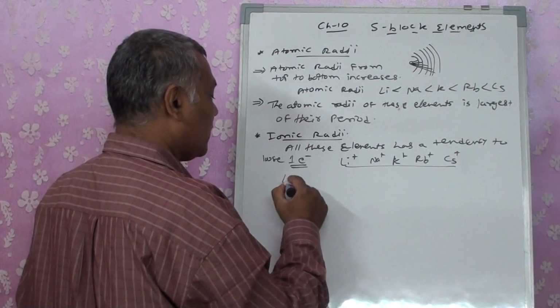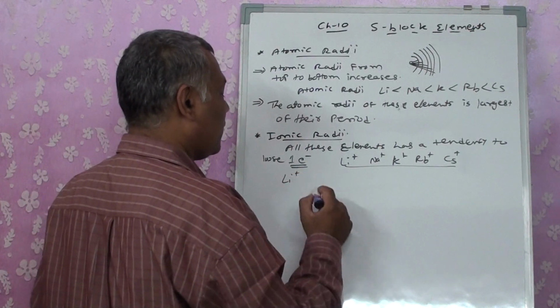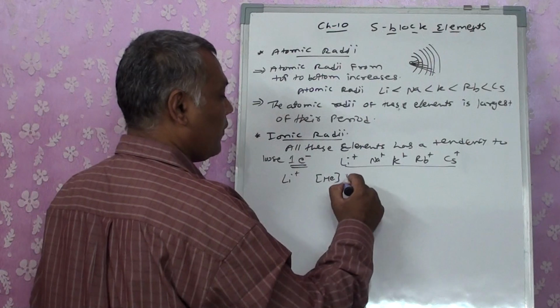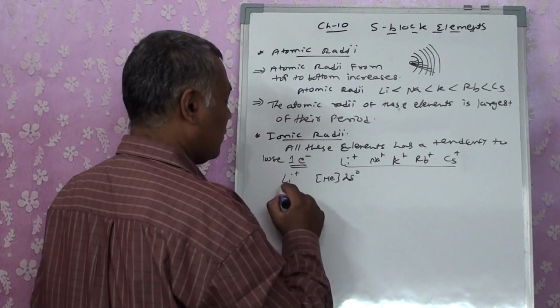So in that case, if I go for the configuration of Li plus, I am going to get helium, 2s0.